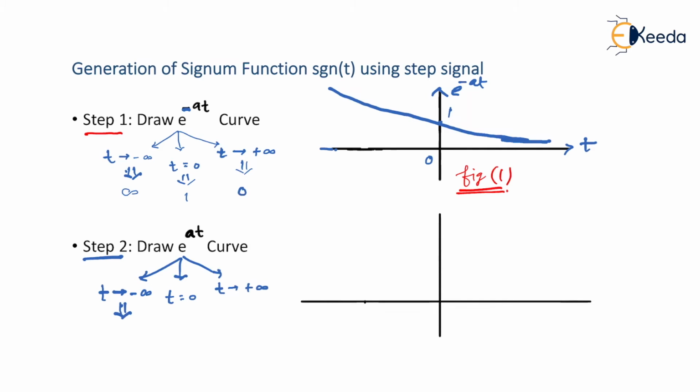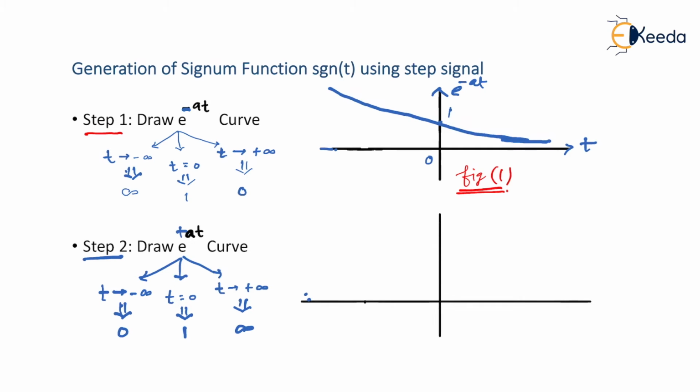For t equal to minus infinity, it becomes e to the power minus infinity, and anything raised to minus infinity is always 0. Then substitute t equal to 0, e to the power 0 is 1. Finally, when you substitute positive infinity, it becomes e to the power positive infinity, and anything raised to positive infinity is infinity. Since the power is positive here, it is definitely a growing curve or positive exponential curve.